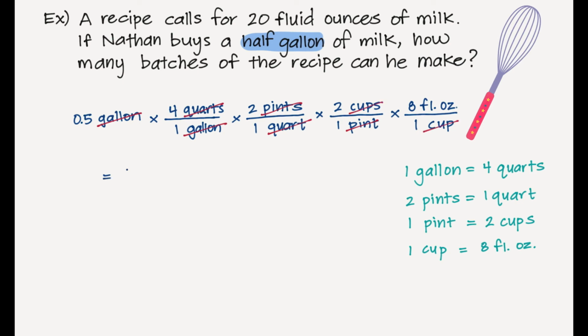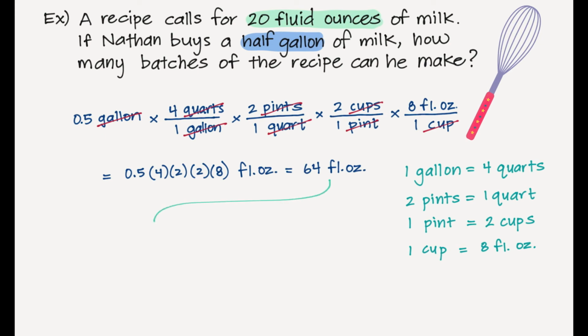So let's see what we need to multiply. 0.5 times 4 times 2 times 2 times 8 fluid ounces. And since the denominators are 1, I don't need to worry about that. So when I multiply, I come out with 64 fluid ounces, and that is what is equivalent to the half gallon. But remember, I want to know how many 20 fluid ounces can fit into that.